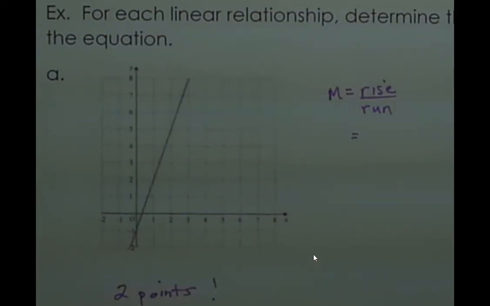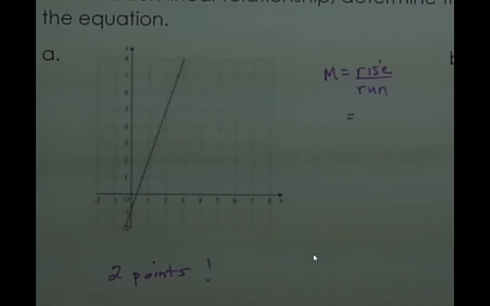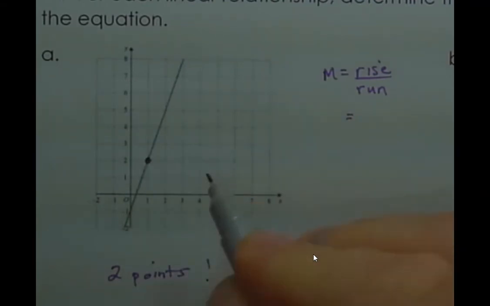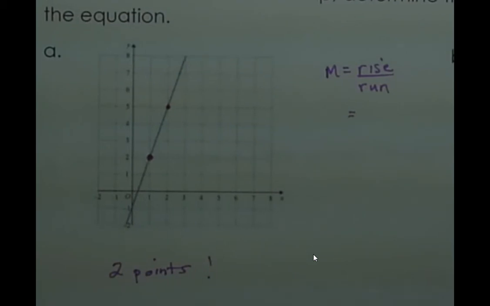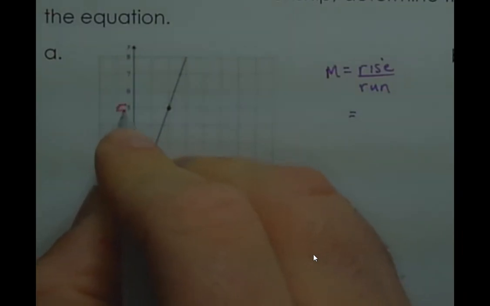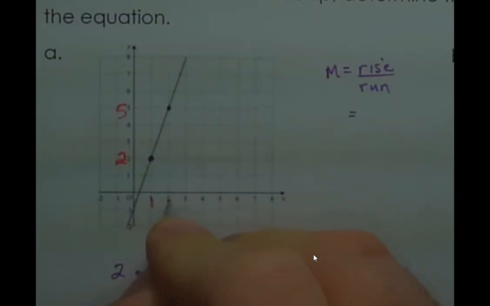The other thing we need to do is be able to put them on the grid nicely. So I'm going to say that's a nice point, and that's a nice point. I know it's hard to see, but this one's a 2, that's a 5, and this one was a 1 and a 2.